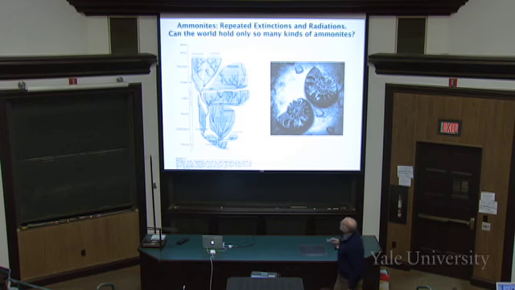Now, look what happens to them. At the end of the Devonian, they start to radiate back in the Devonian. At the end of the Devonian, there's a mass extinction. Lots of them get cut off. 2 lineages come through. This lineage radiates, makes a whole lot of different species and families of ammonites. At the end of the Permian, they all go extinct.